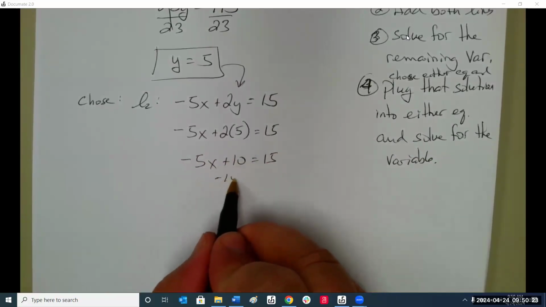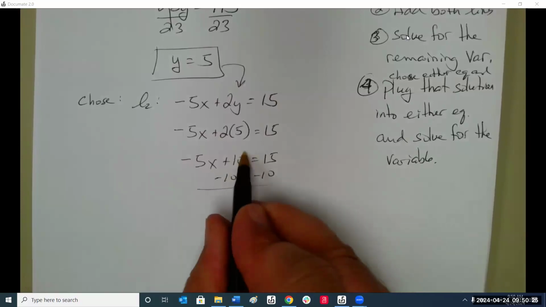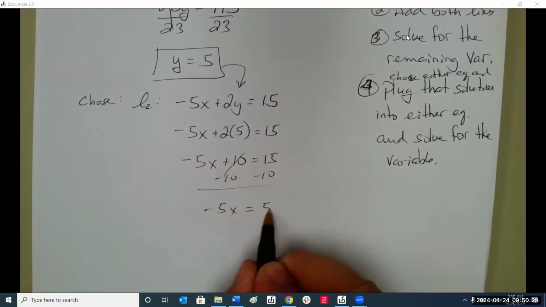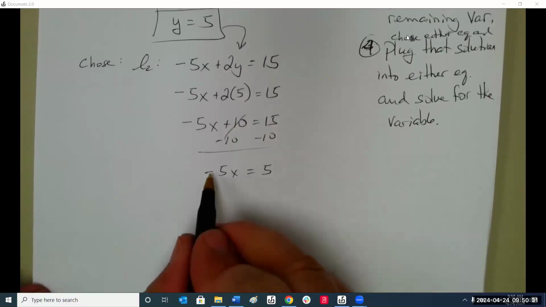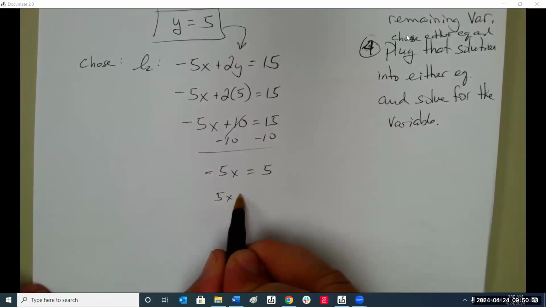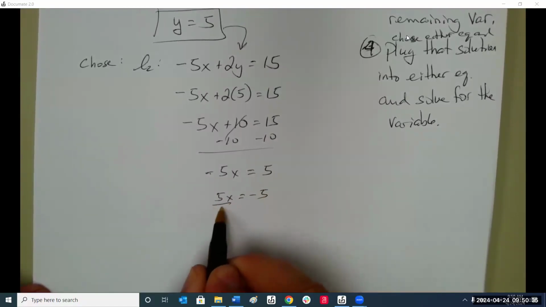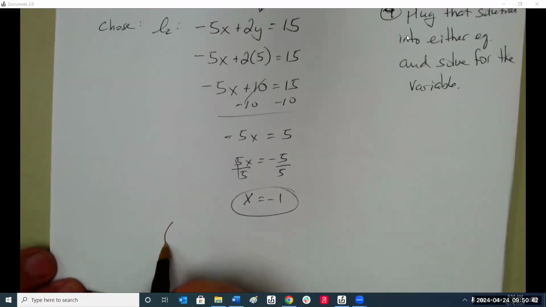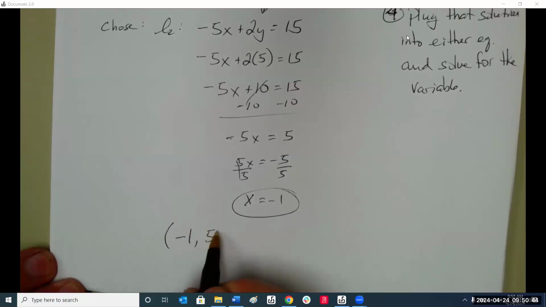Solve for x. Subtract 10 from both sides. So it's negative 5x equals 5. Change the signs. Divide by 5. And those are your solutions at negative 1, positive 5.